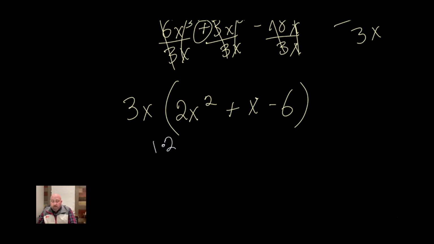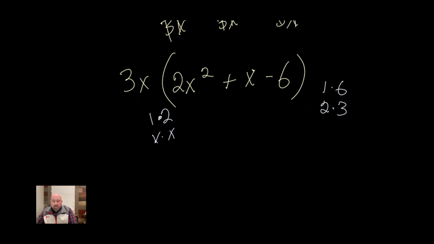What are the factors of x? It would be x times x. What are the factors of 6? 1 times 6. 2 times 3. What are our signs? Negative, positive. That means that we're going to have one negative and one positive. So one of these will be negative, one of these will be positive. We don't know which one yet. It just depends on what gives us this middle term that we're looking for, this 1x.